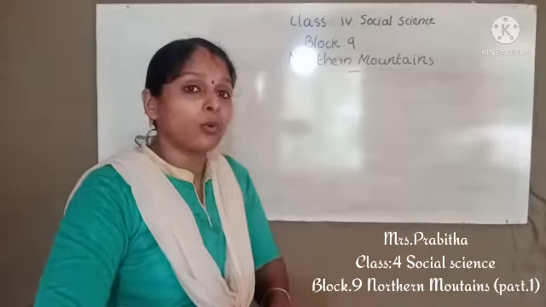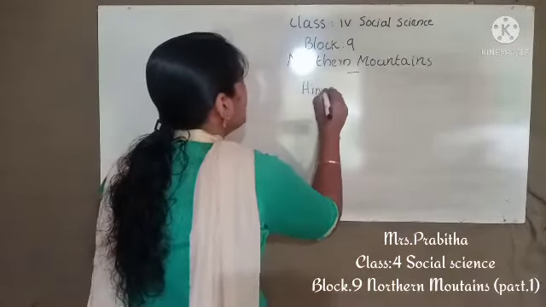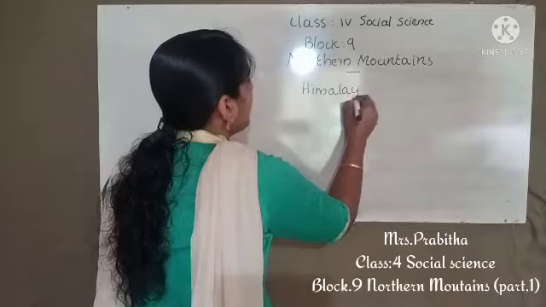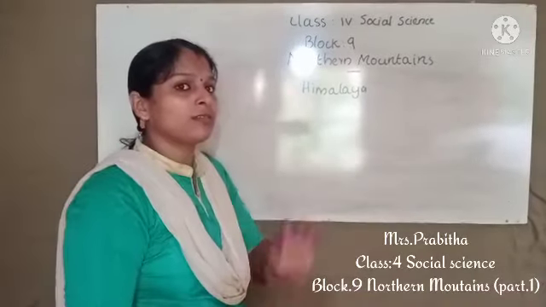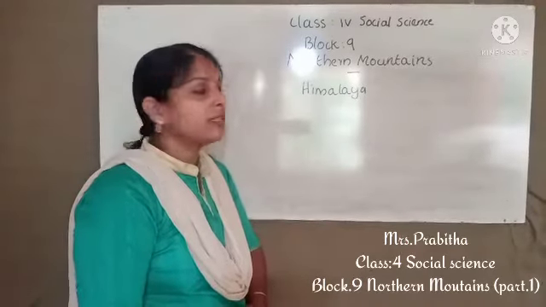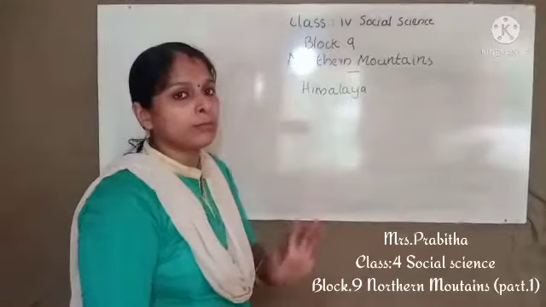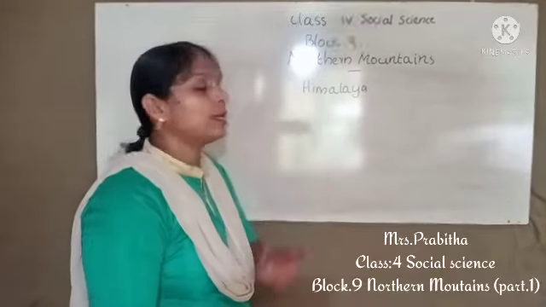Okay, so northern mountains include Himalaya and some of the northeastern mountains. Some hills are there in the northeastern part of India. That is also included in the northern mountains. All these mountains all together are called northern mountains.